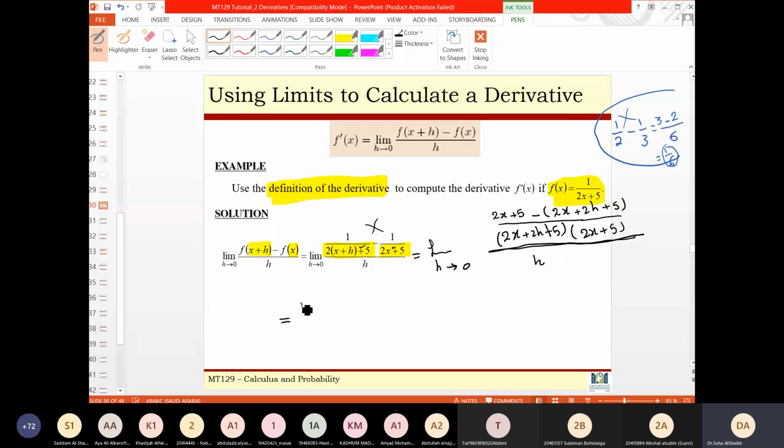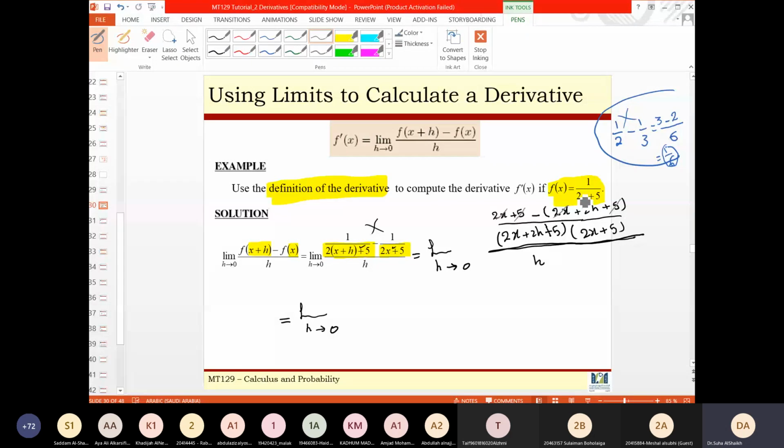This equals the limit when h goes to 0. Now we start cancelling. I have 2x and here I have minus 2x. And here I have 5, and here I have minus 5 because of the minus sign.